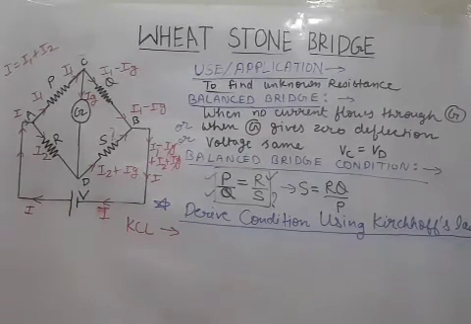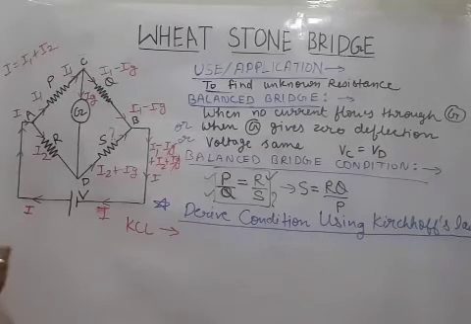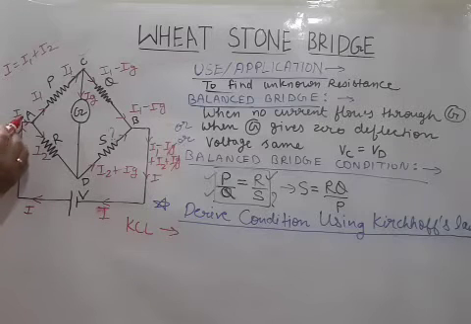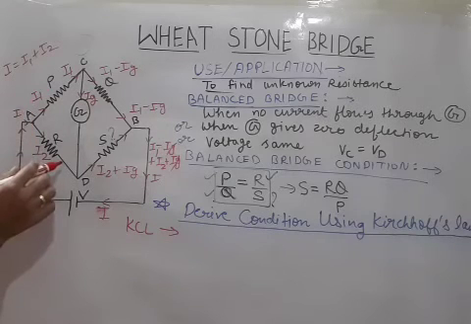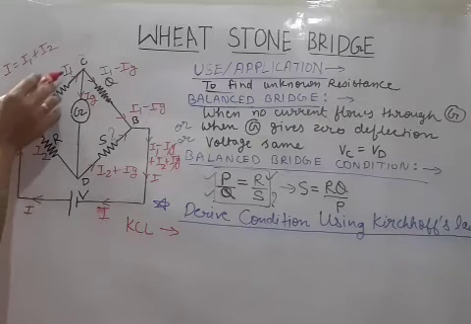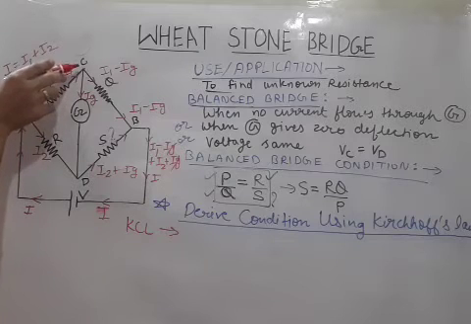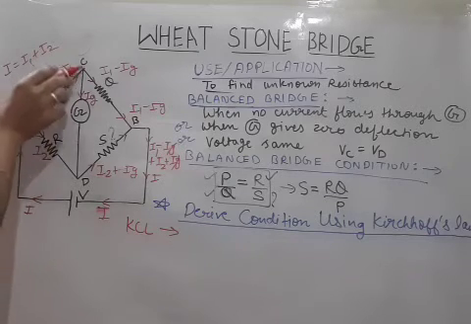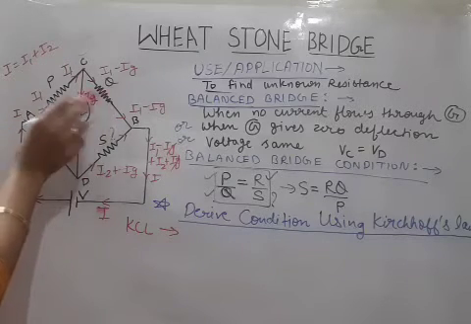KCL means show all the currents in the circuit. So I am repeating this KCL. From the battery positive, current I, then I1 and I2, then I1 divides such that Ig flows here, so I1 minus Ig is the remaining current.